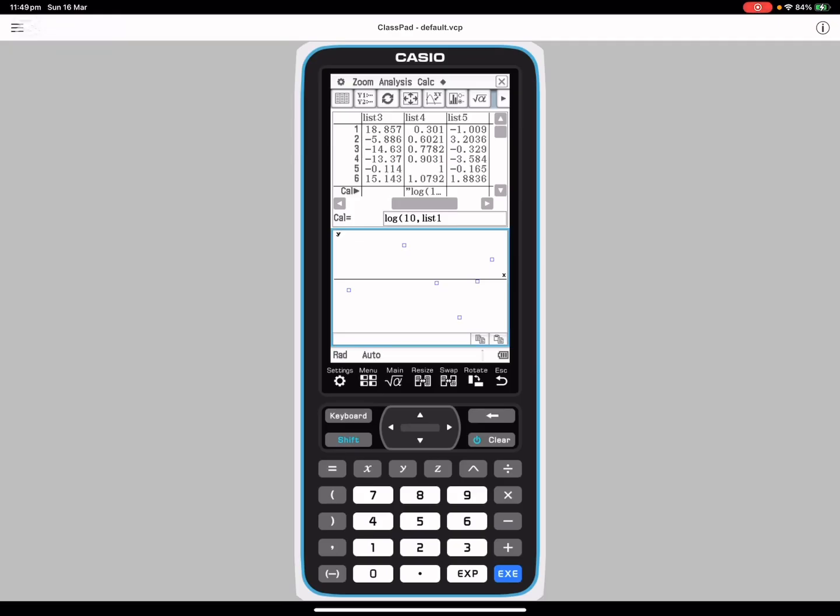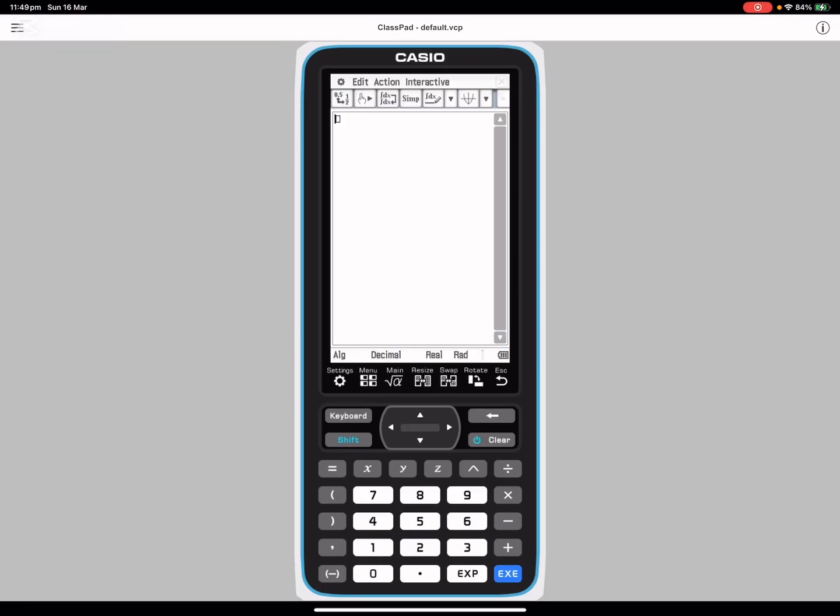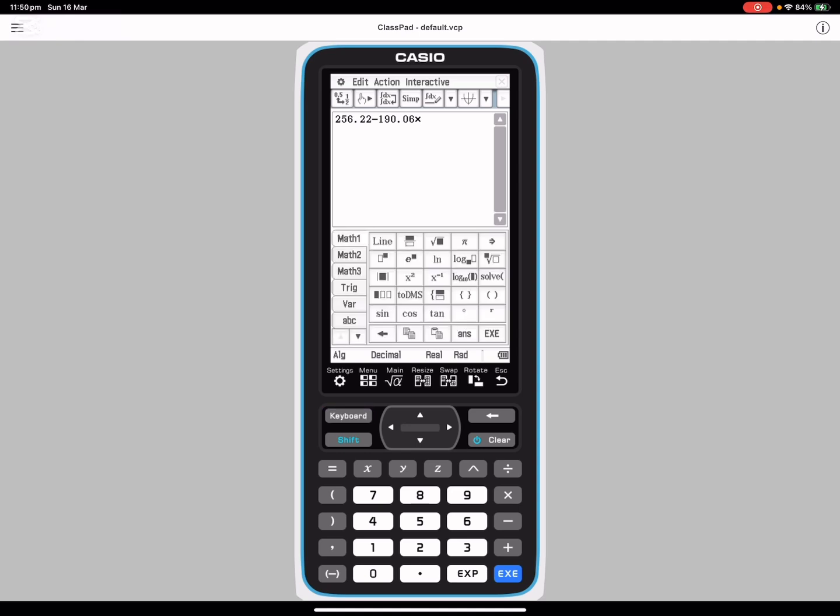So going to our main page, we've got 256.22 minus 190.06 times, open up your keyboard, we want log base 10, and we want 15. And that is 32.69, blah, blah.